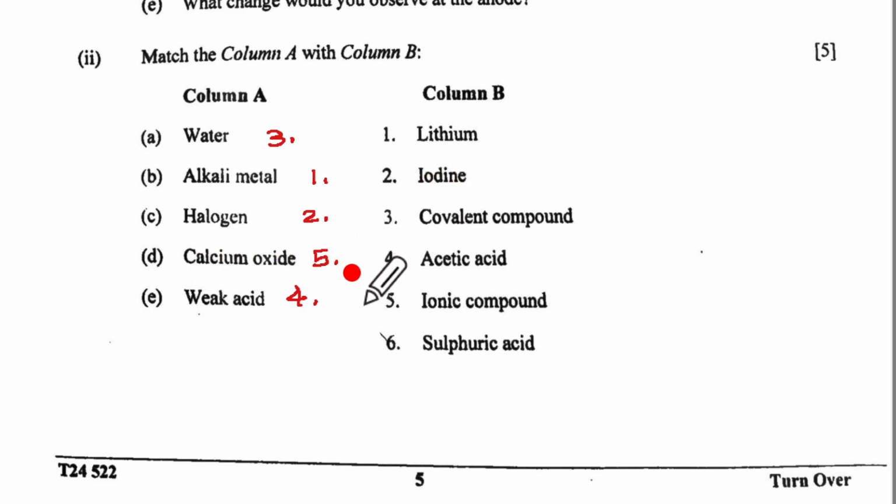Calcium oxide is ionic compound because metal and non-metal gives you ionic compound, so it is 4. And weak acid will not be sulfuric acid. This is a strong acid, mineral acid. It will be the organic acid, that is your acetic acid. So this is how we will write. You'll make column A and column B, you will write this way.